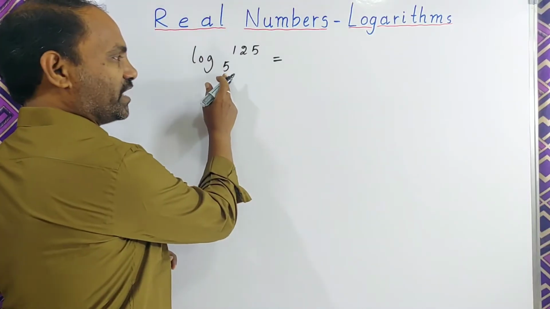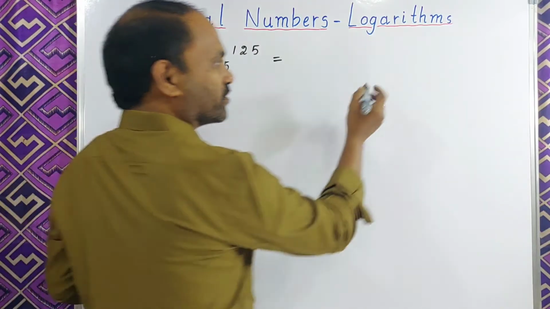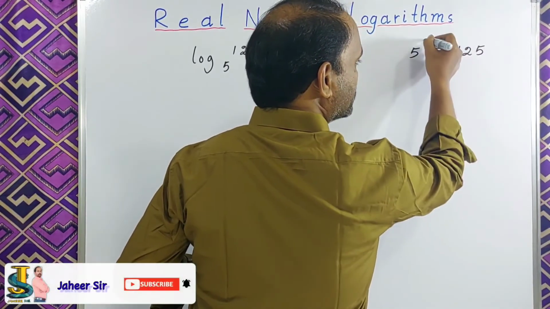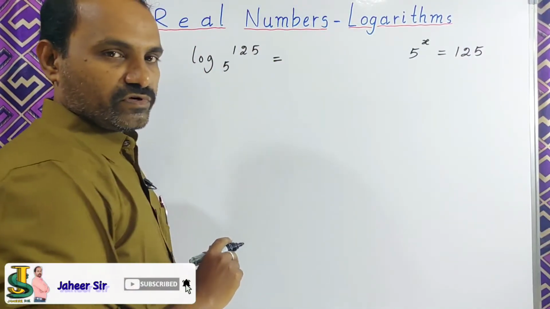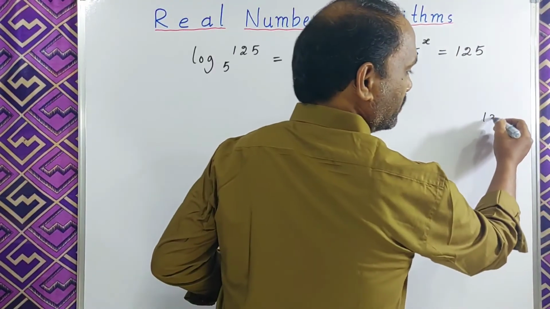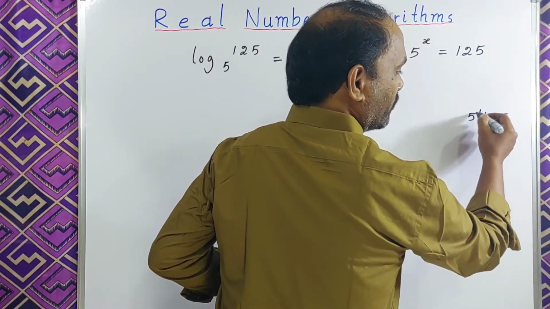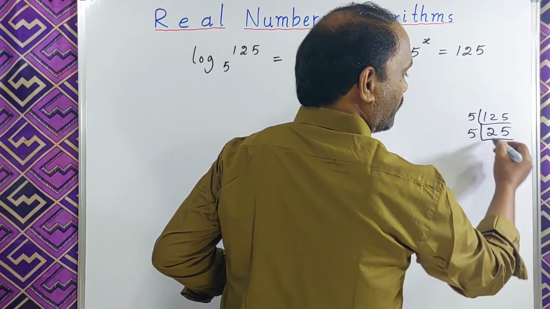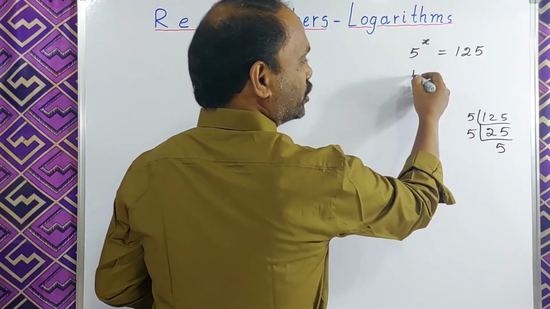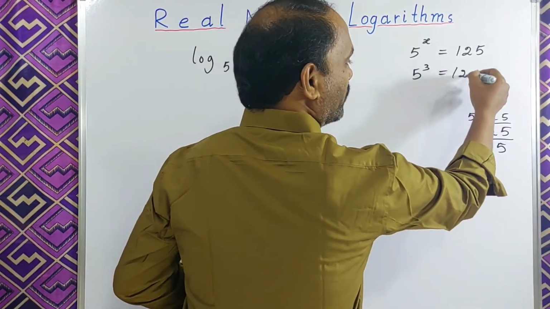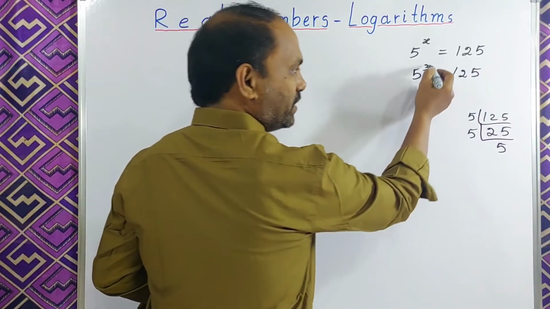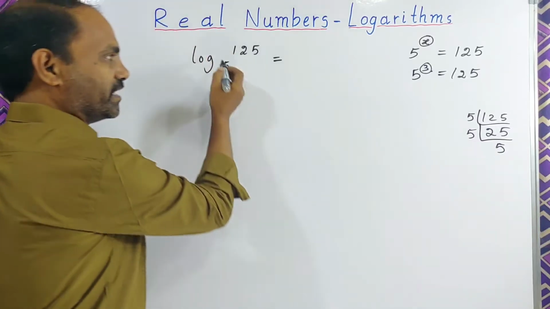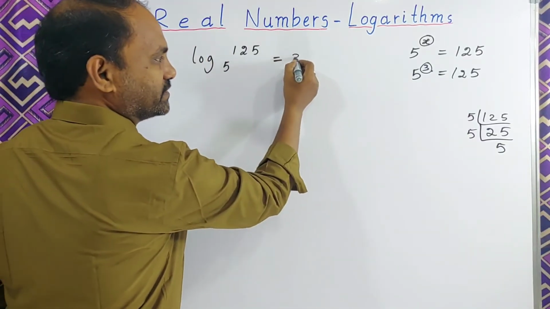What is the exponent of 5 to get 125? 125 is divisible by 5: 5 twos are 10, 5 fives, and 5 fives. So x value, 5 cube is equal to 125. So this x value, this 3, is the logarithm of 125 to the base 5. This one is 3.